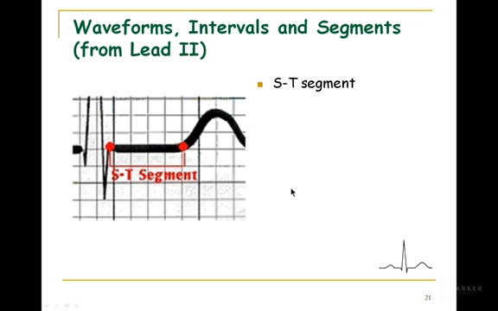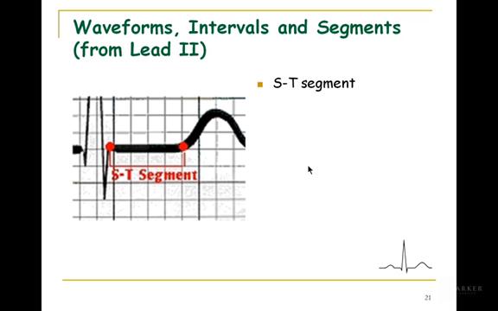That's normal variation. But if it's more than that, we're going to refer to it as an ST segment shift, or they refer to it as a current of injury. And we'll be discussing that in lecture. So right now, you're allowed a little leeway there.